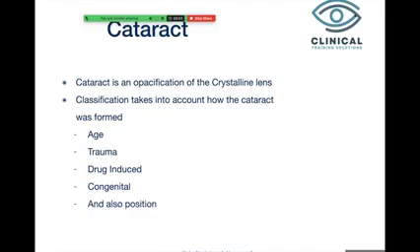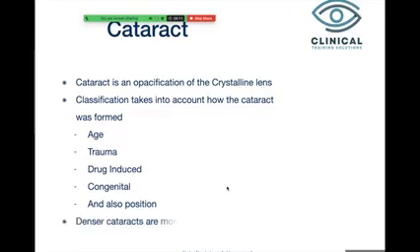Okay. You can also think about it in terms of the position. So we've thought about it in terms of the classification, and now you can think, okay, well, the cataract is in the middle, therefore it's a nuclear cataract, or it's subcapsular, so it's at the back of the bag, if you like, at the back of the bag that holds the lens.